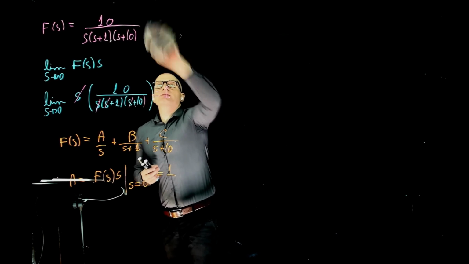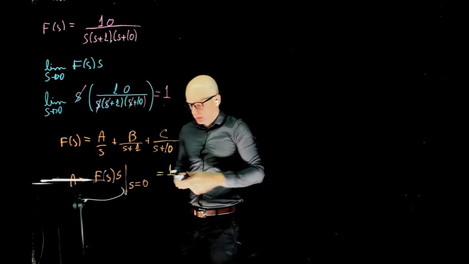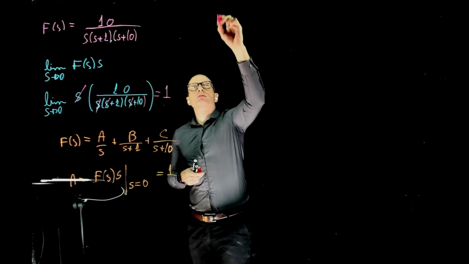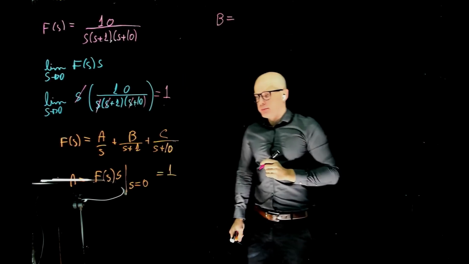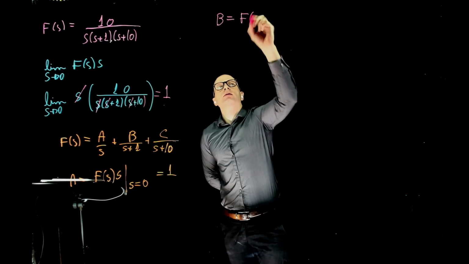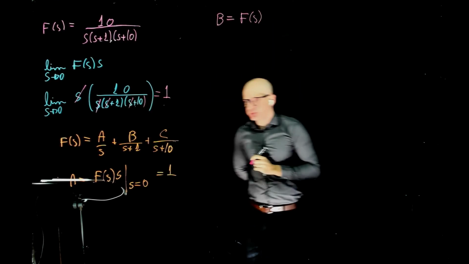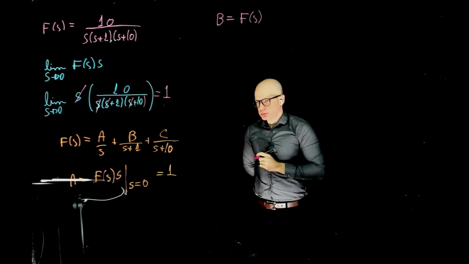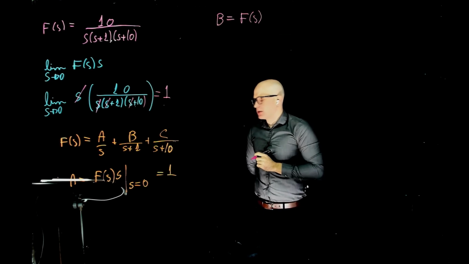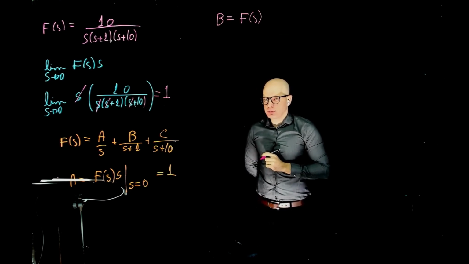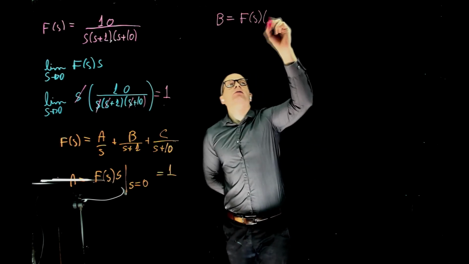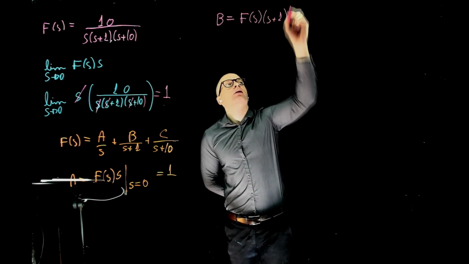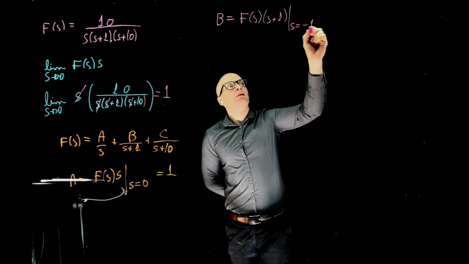How do you find B? B is equal to F(s) times (s plus 1), evaluated at s equals minus 1.